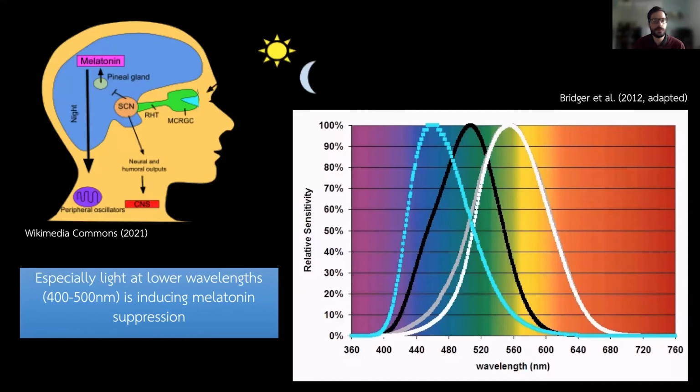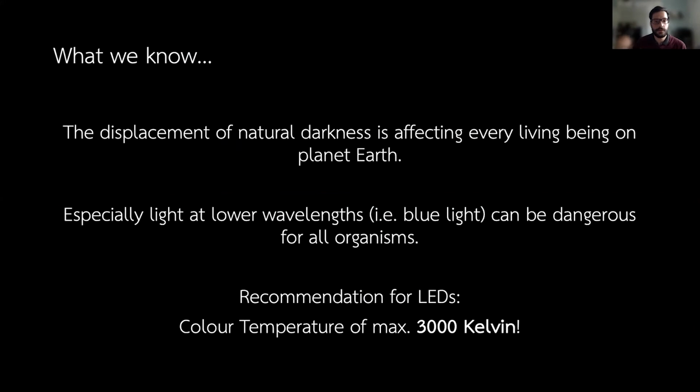So just to summarize, what we know now is, at first, that the displacement of the natural darkness is, of course, affecting every living being on the planet Earth, and that especially light at lower wavelengths, meaning the visible blue light, can be dangerous for all organisms. And therefore, there is a recommendation, for example, for LEDs for outdoor situations, to be installed with a color temperature of a maximum of 3000 Kelvin.